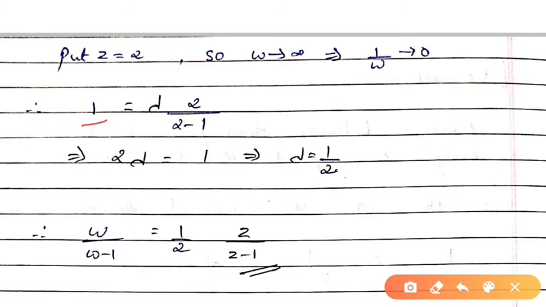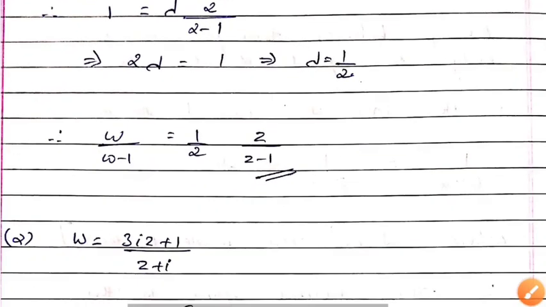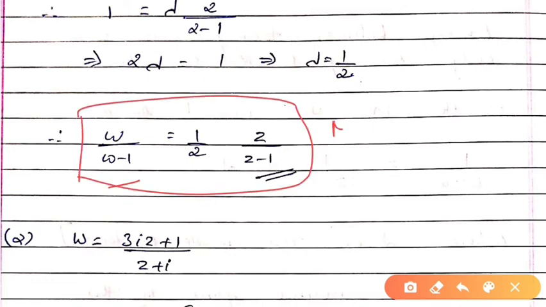On simplifying this we get lambda equal to 1 by 2. When I put lambda equal to 1 by 2 in the above equation, I get w upon w minus 1 equal to 1 by 2 times z upon z minus 1. So this is the normal form of the given bilinear transformation.